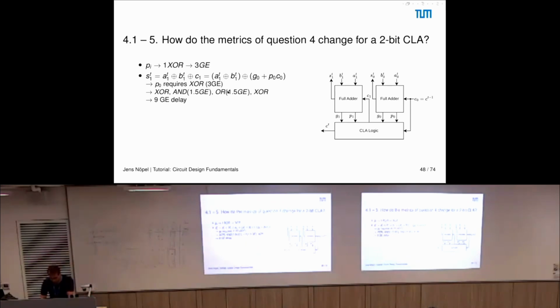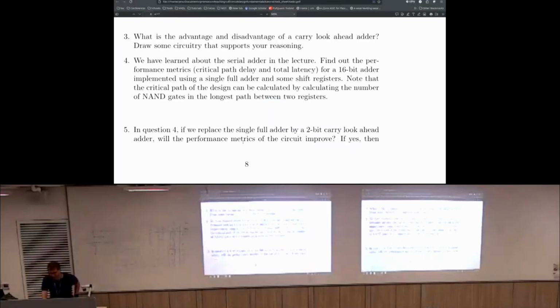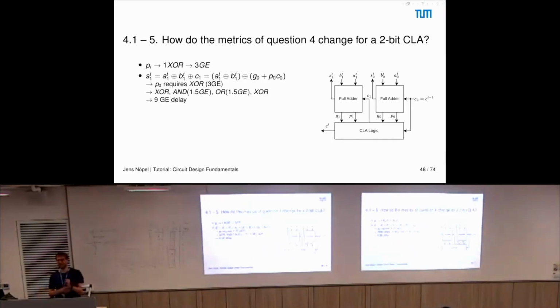Let me shortly have a look at what is stated in the questions so that it's according to how we defined it here. Yes, so the answer to that question is that it really only concerns the performance metrics, so latency and critical path. All right, so now we have calculated S1 here, which is the farthest away from C0 and the inputs here.